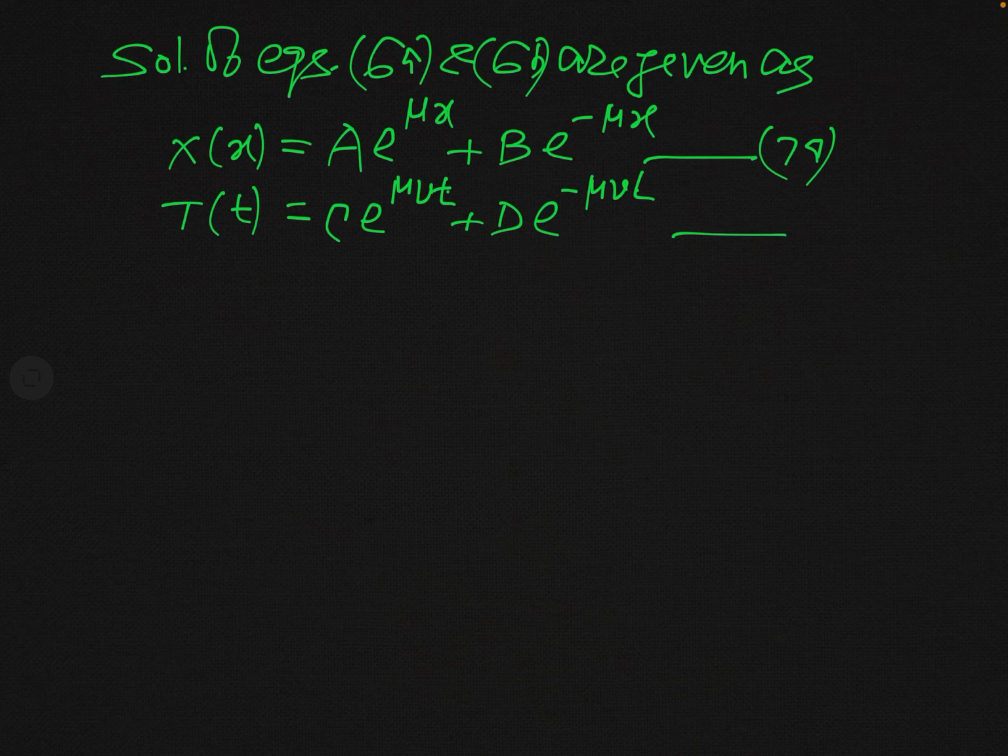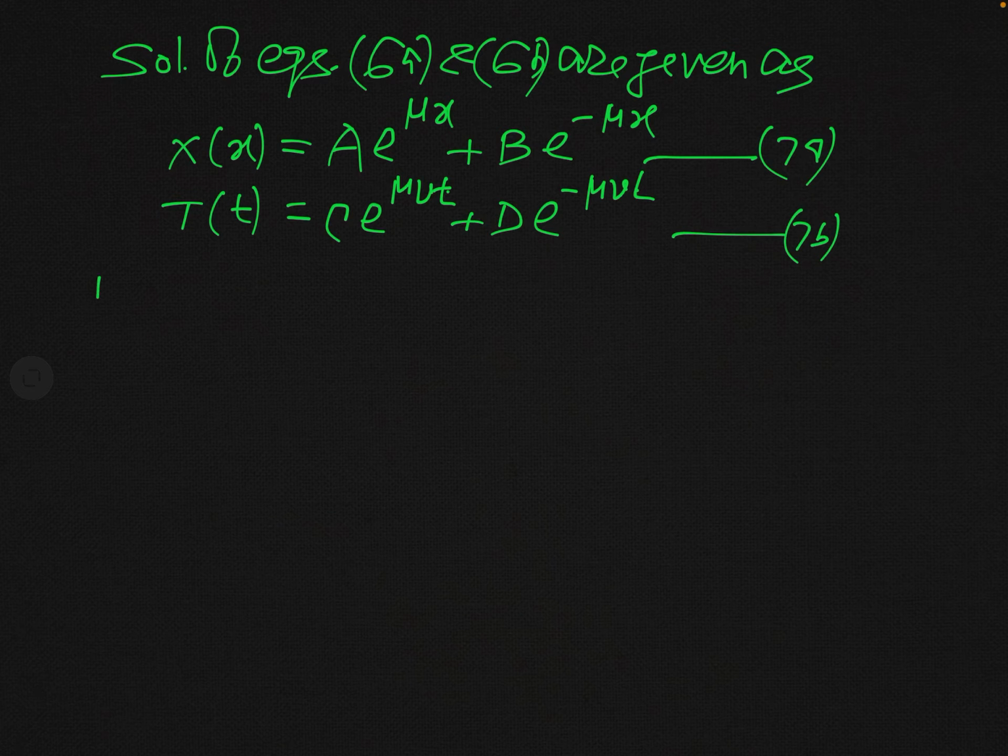You may check that these are valid solutions of equation 6. Simply differentiating these two equations 2 times, you will get the equations defined in 6a and 6b. So this is our second possibility, when we consider that the separation constant lambda is a positive quantity, equal to mu square.